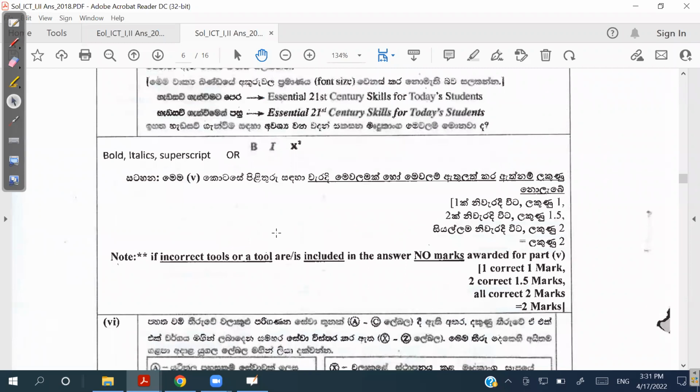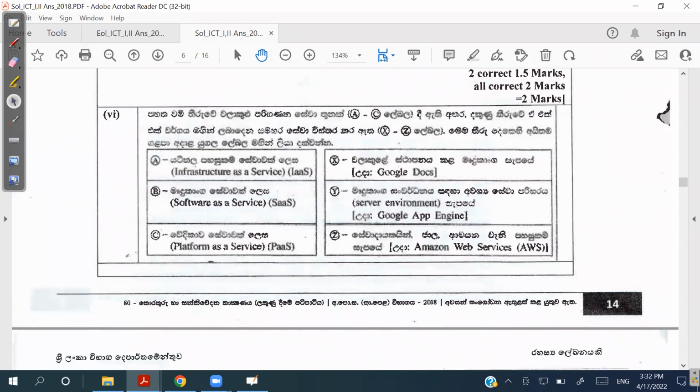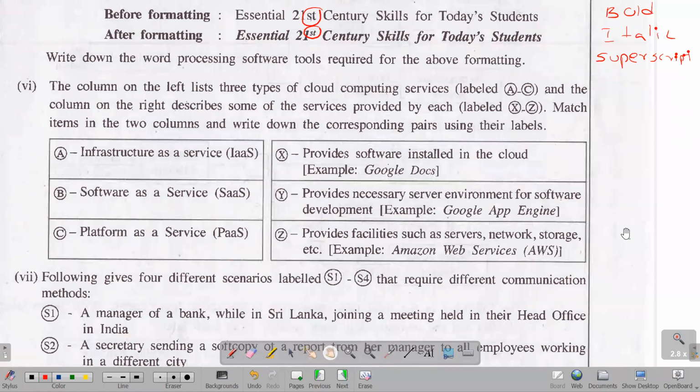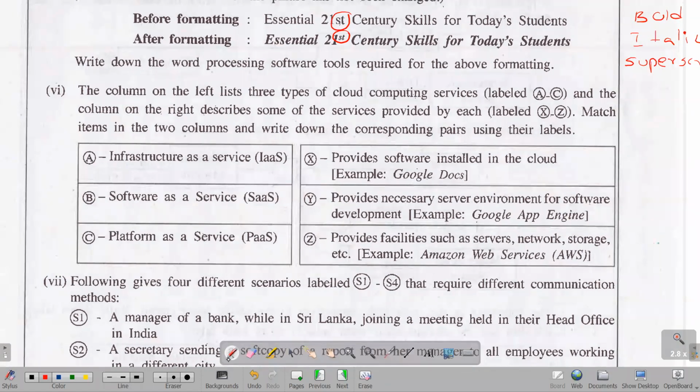Okay, so moving forward to the sixth question. They are talking about cloud computing, right? They ask us to match the particular services. So again, infrastructure as a service: the cloud is providing us the services for the infrastructure, like for the storage, for the network requirements, for the developing environments.